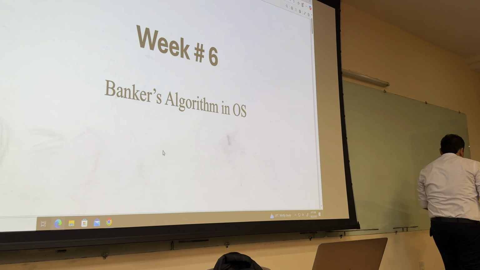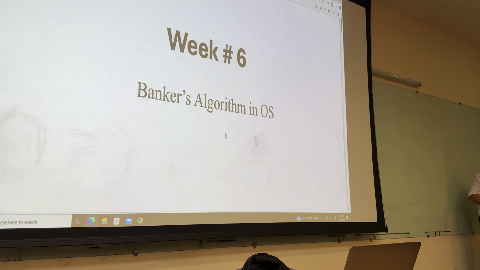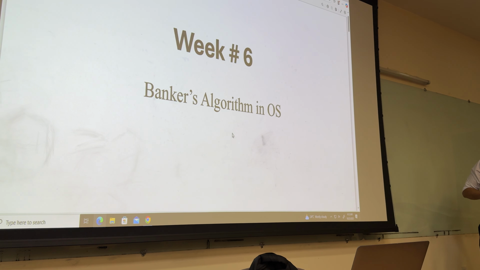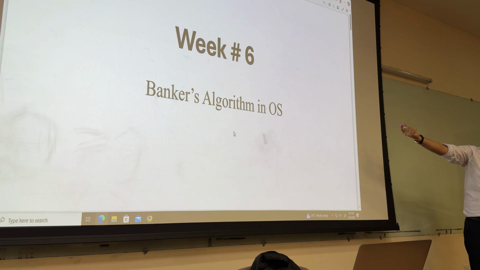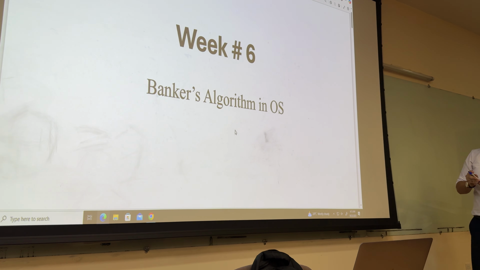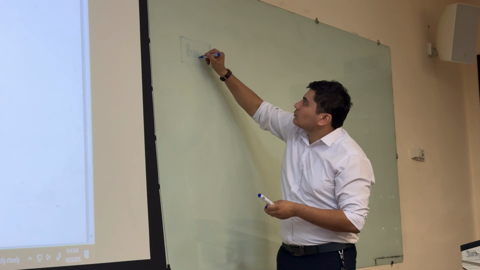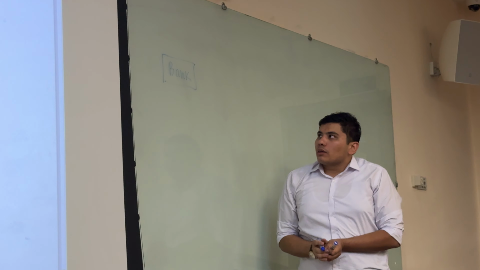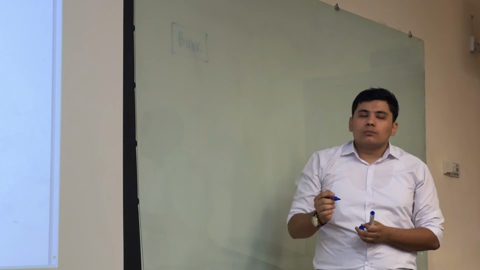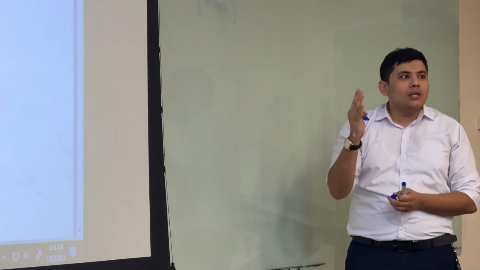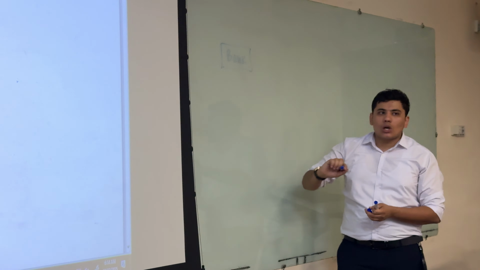is going to be something like this. By the definition of the banker, Banker's algorithm works exactly like a banking system, right? So let's say this is your bank, and you have, let's say, 4 people coming to borrow some money, to apply for a loan.